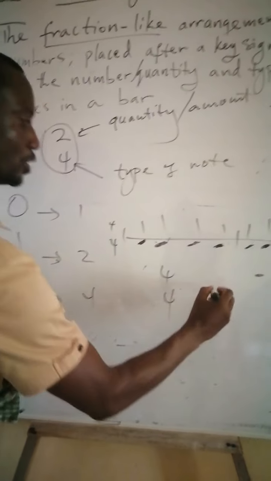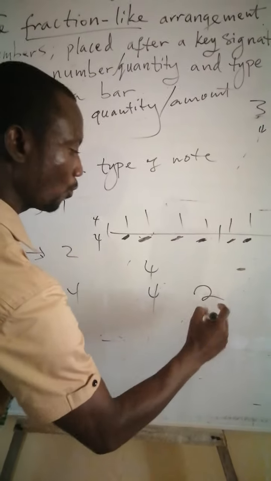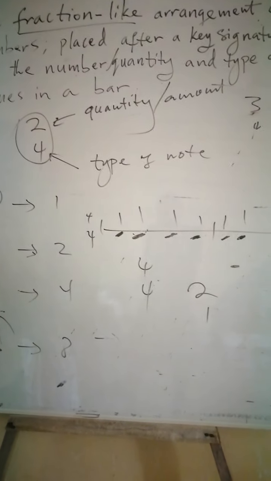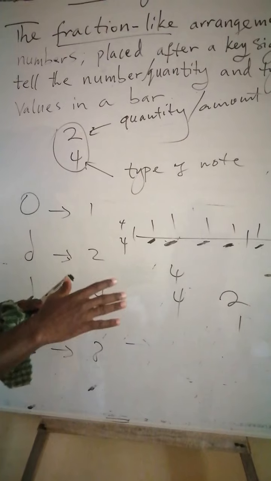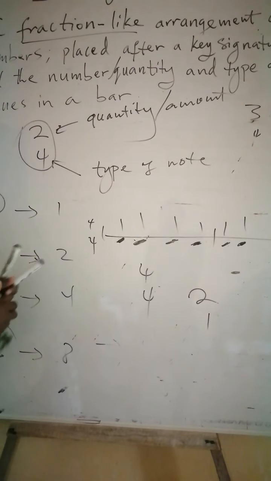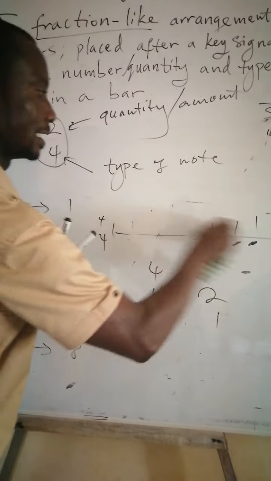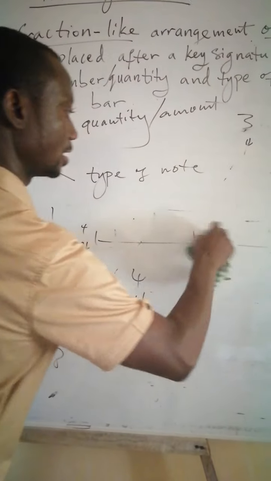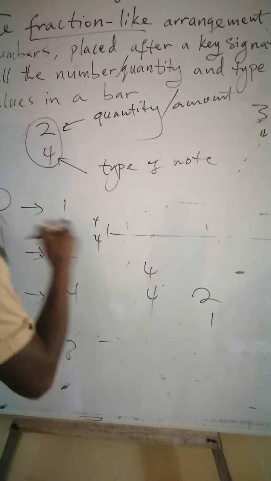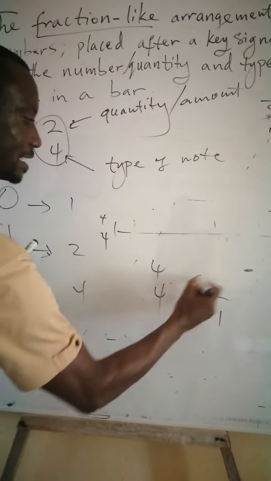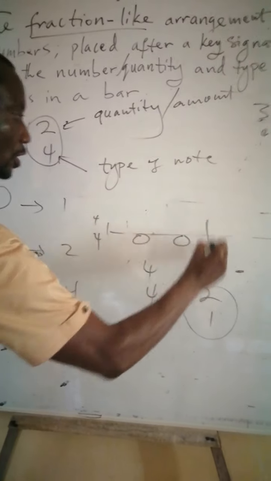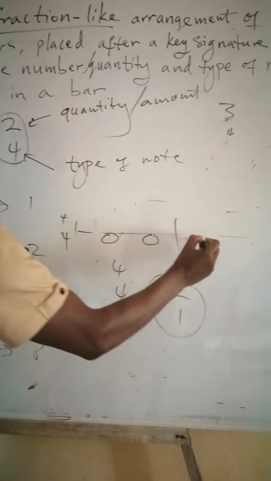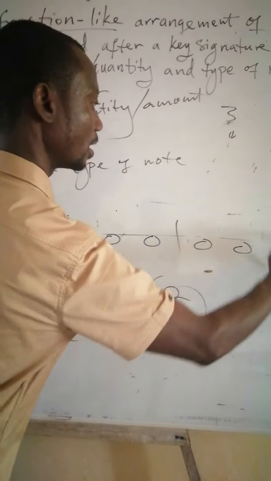If we say 2, 1, it means that we need 2 semibreves in every bar. So if I should clean this, meaning if I have to arrange this according to this time signature 2, 1, it means we have to see 2 semibreves in every bar.